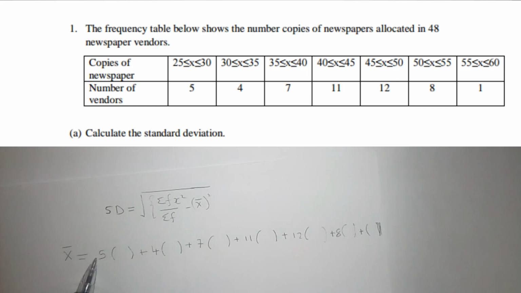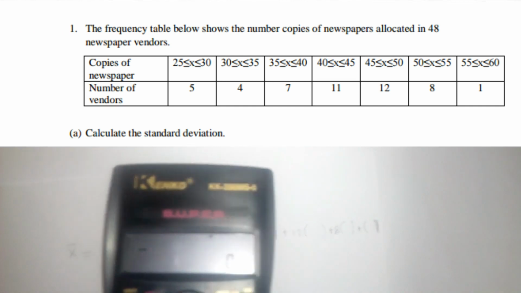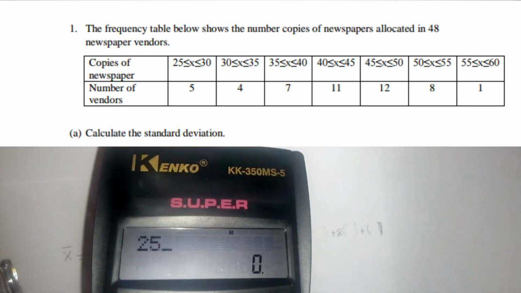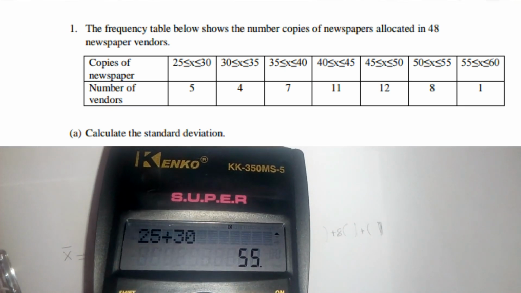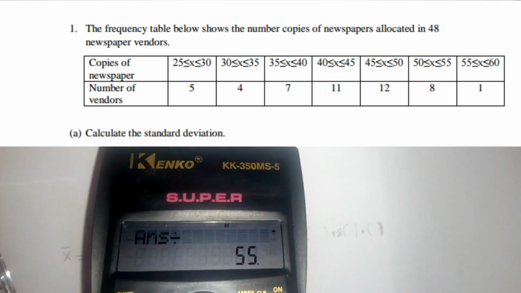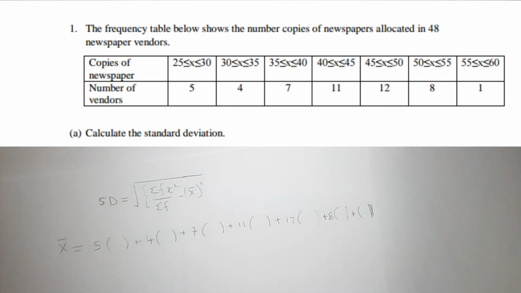That is 25 less than x, less or equal to 30. So you get the numbers on the table, which is 25 plus 30 is equal to 55. You divide by 2. We're trying to find the midpoint, which is 27.5. So the first will be 27.5 here.